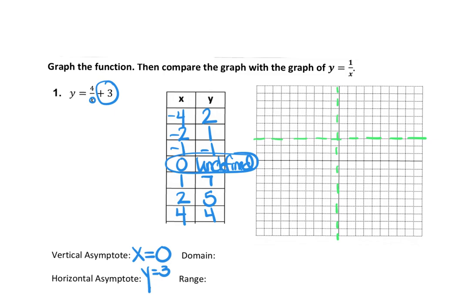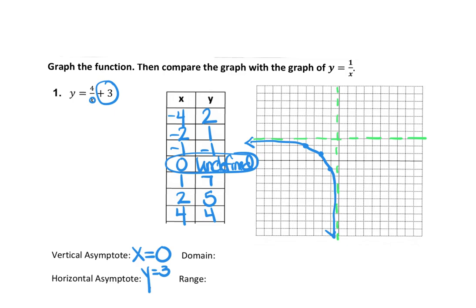All right, so now let's plot our points. So we're going -4, 2, -2, 1, and -1, -1. And so we've got this hyperbola that's going to come around, and there we go. And remember, it keeps getting closer and closer to that asymptote, but it never does touch it.